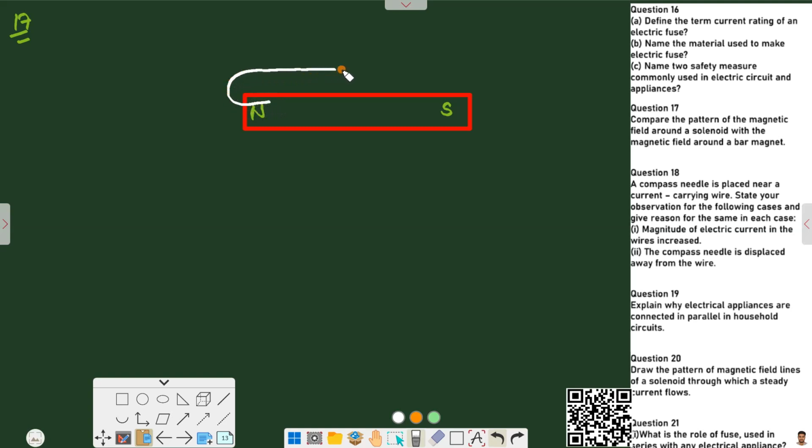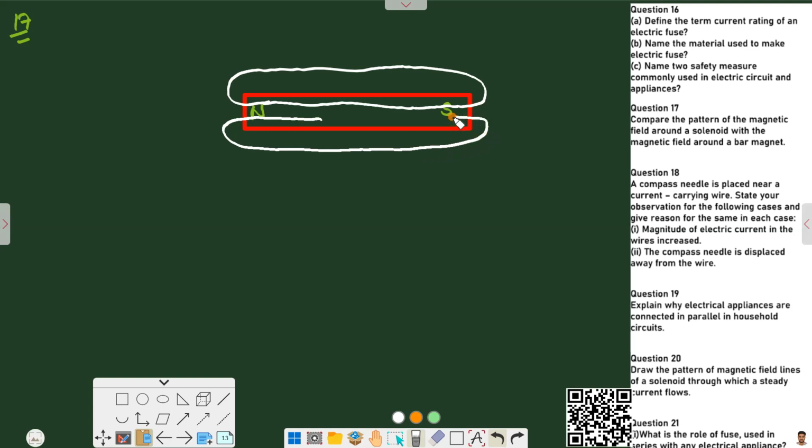The direction of these magnetic field lines outside is north to south, and inside it is south to north.